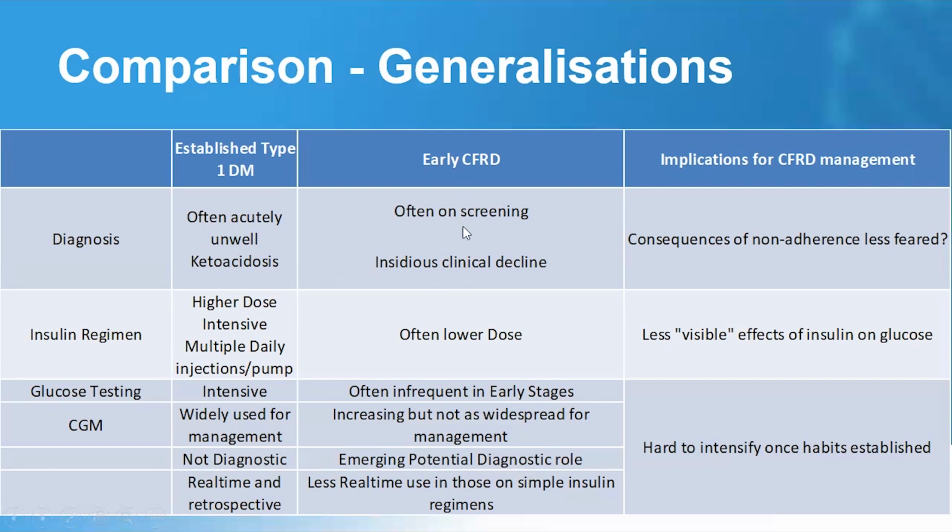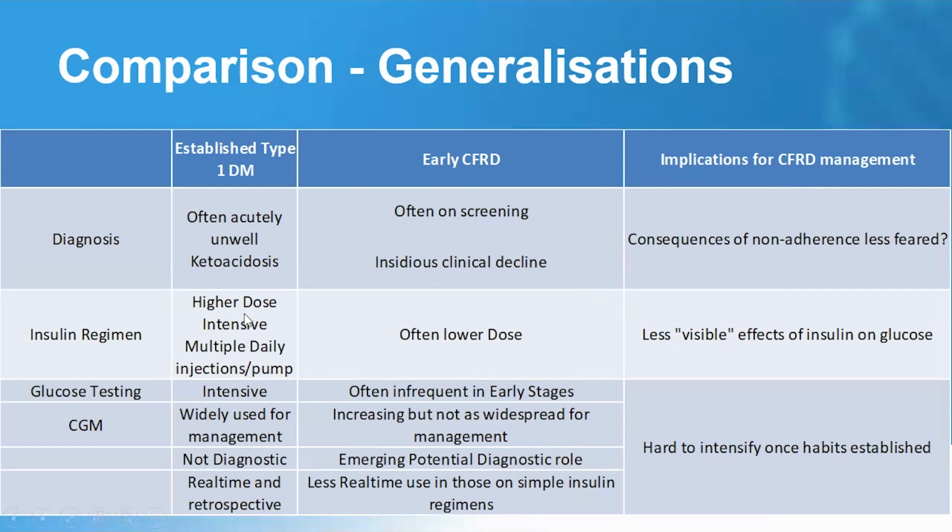Whereas with CF, they've had a long medical history beforehand, and then they're picked up on screening, and perhaps the consequences of not being adherent to this particular therapy may be less appreciated.